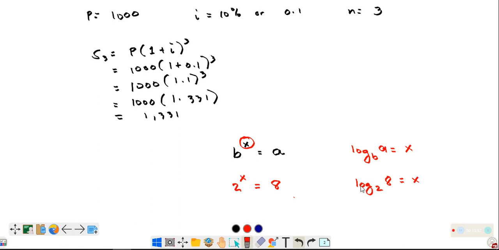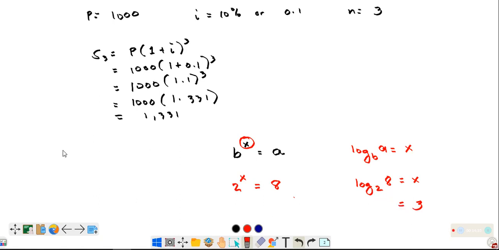And kung i-input nyo to dun sa mga scientific calculator nyo, make sure na may option kayo to change the logarithm dito, yung nasa subscript. Kasi dun sa ibang mga calculator, naka-ano lang siya lagi, pwede lang siya sa mga base 10. So, lagi lang siyang sa common logarithm. But if you have a more advanced calculator that will give you the option to change the subscript here into any value that you wish, you should end up with the value 3.